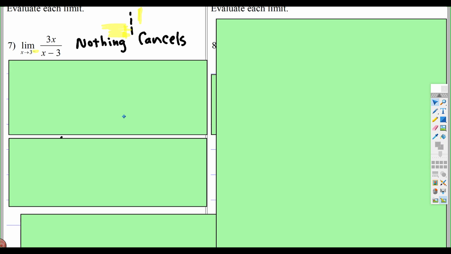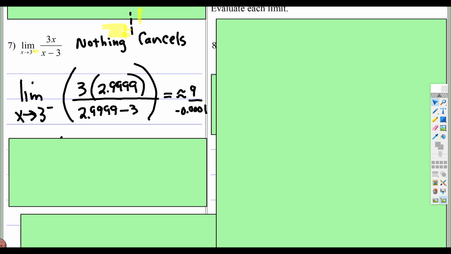So what is the behavior doing on this left side? And if you're not great at graphing, this is what we're going to do. We're going to pick a number really, really close to 3 from the left side. So 2.9999, I'm going to go out 4 decimal places. Well, 3 times 2.9999, that's really close to 9.